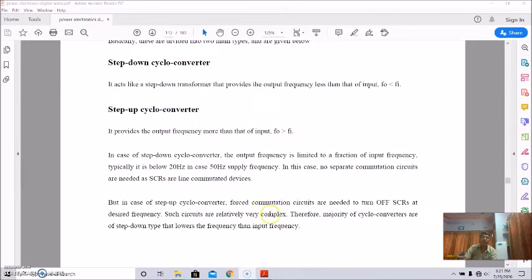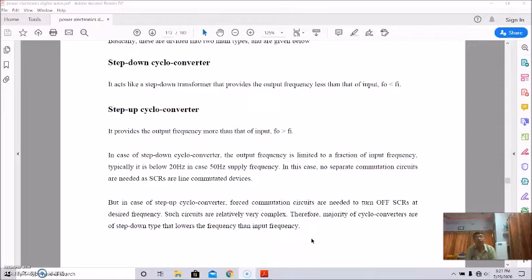But in case of step-up cycloconverter, forced commutation circuits are needed to turn off SCRs at the desired frequency, and such circuits are relatively very complex. Therefore, the majority of cycloconverters are of step-down type, which lowers the frequency relative to the input frequency.